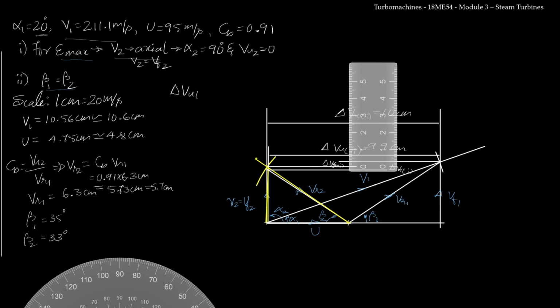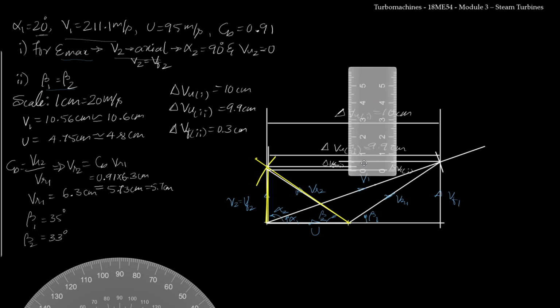Delta Vu for the first case is 10 centimeter. Delta Vu for the second case is 9.9 centimeter. Now delta Vf for the second case, we are measuring for the second case, that is 0.3 centimeter, and if you measure it for the first case, I place the scale over this, it is 0.5 centimeter.